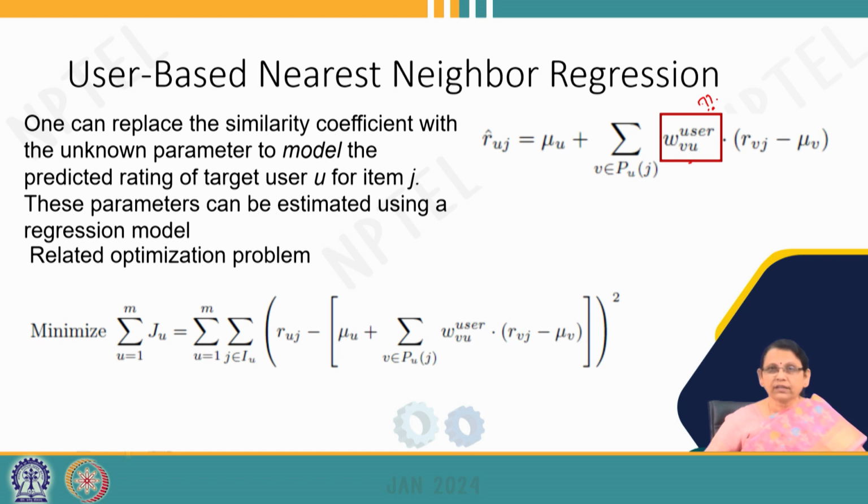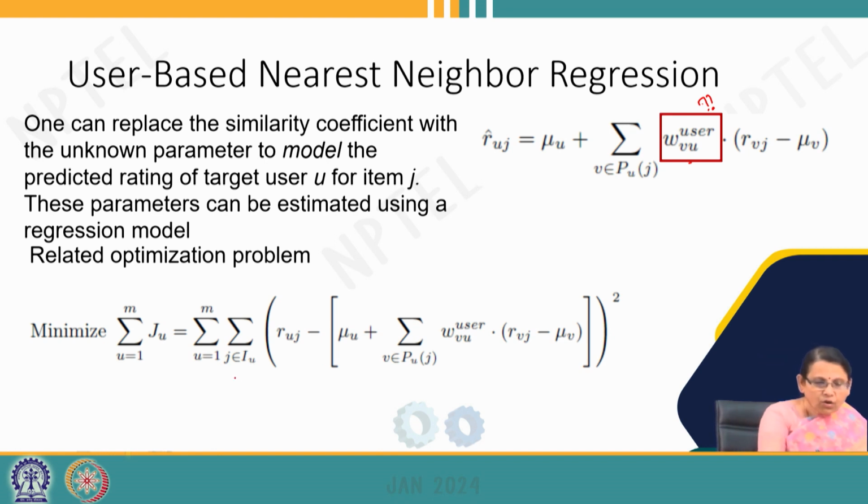So, just like in ordinary multiple linear regression, for a regression we need certain example patterns. So, what are our example patterns here? Our example patterns here are the known ratings.